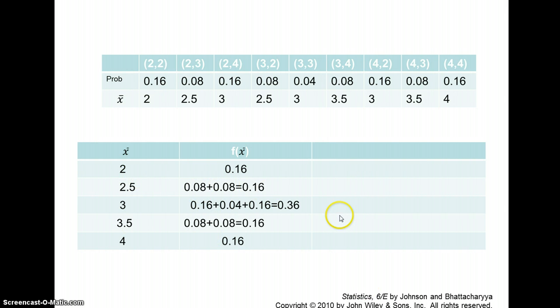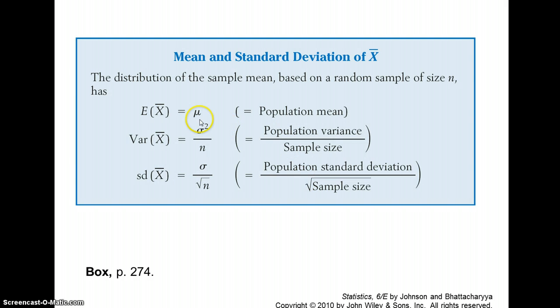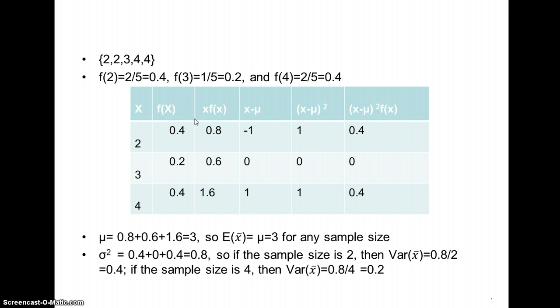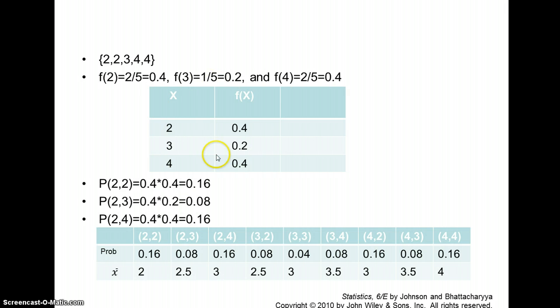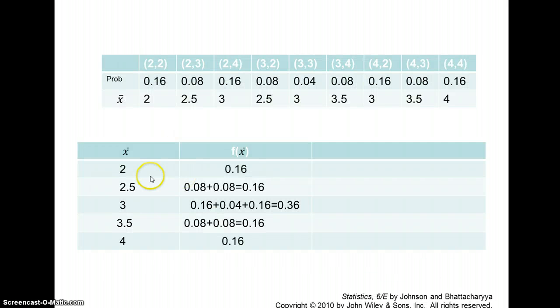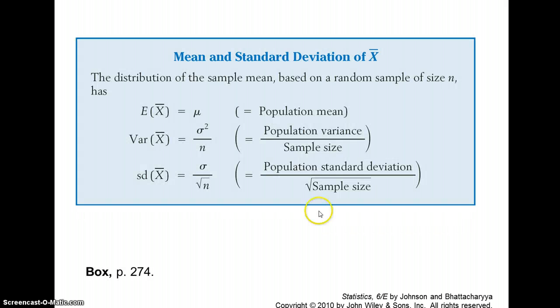But it's easier to just calculate the population mean using the population distribution, because this table is the population distribution. You can see there are only 3 rows, and if you look at the sampling distribution, there are 5 rows. So you have to do 5 different calculations and add them up. It's a lot easier since the population mean is the same as the expected value.